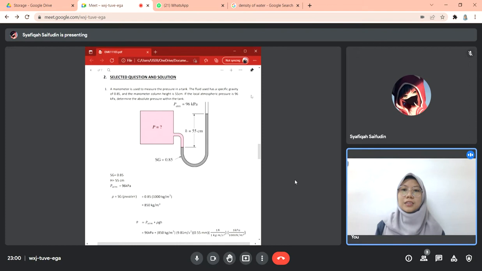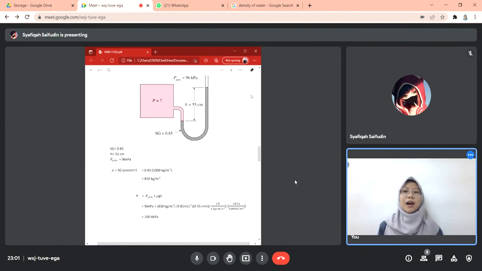If the local atmospheric pressure is 96 kilopascal, determine the absolute pressure within the tank. So the information that I got from the question is the SG, which is the specific gravity, 0.85, height is 55 centimeter, atmospheric pressure is 96 kilopascal.